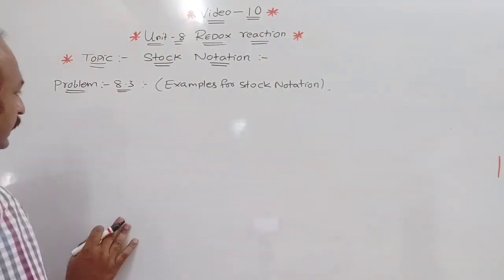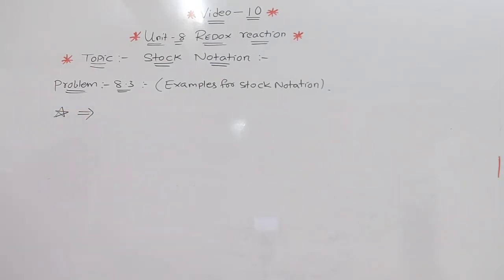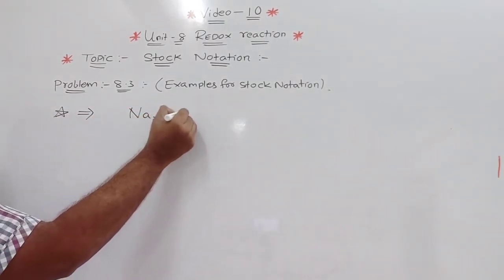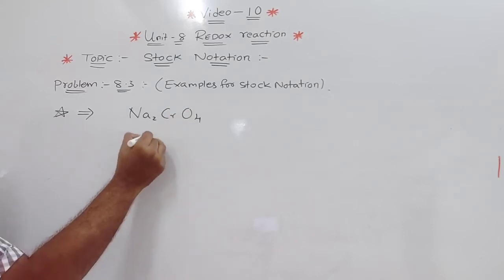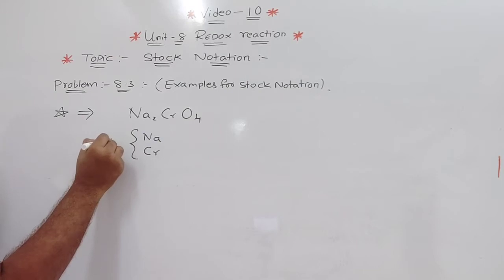One nice example is Na2CrO4. In this, sodium and chromium both are metals.